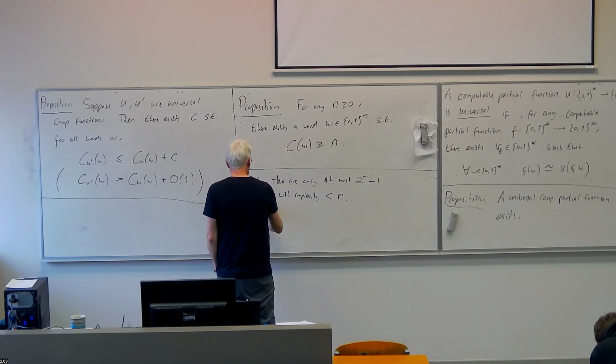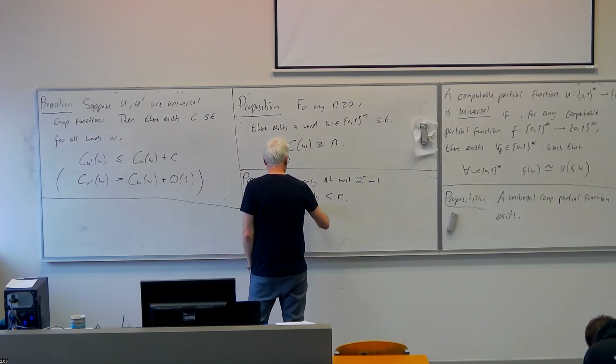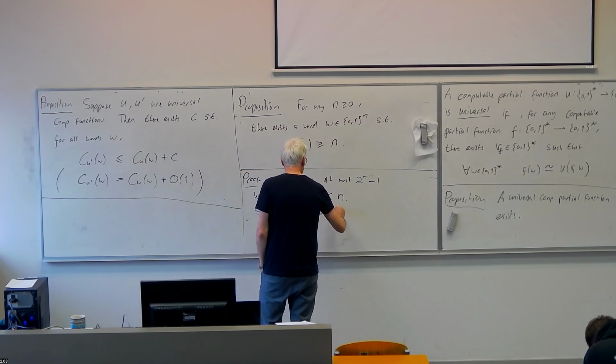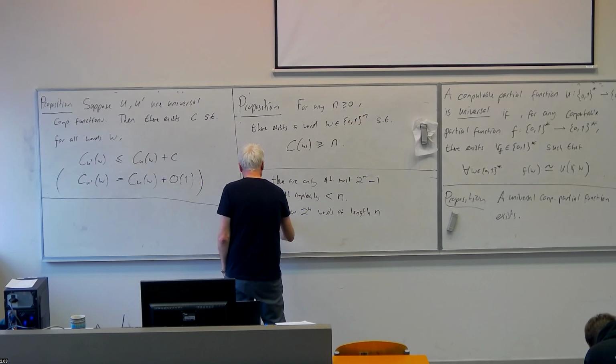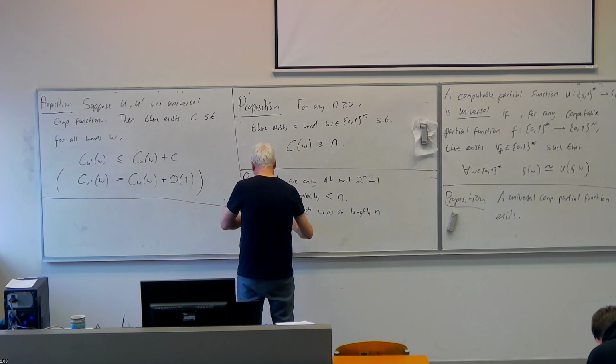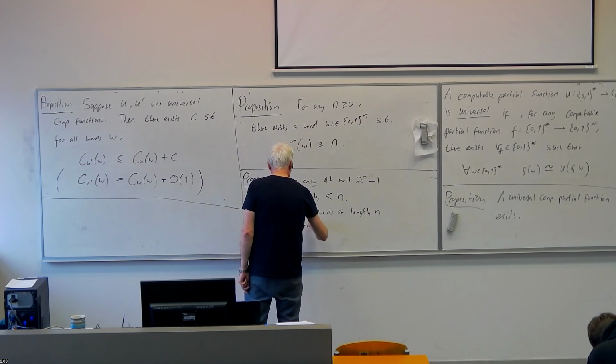So since there are 2 to the n words like that, at least one has complexity at least n.